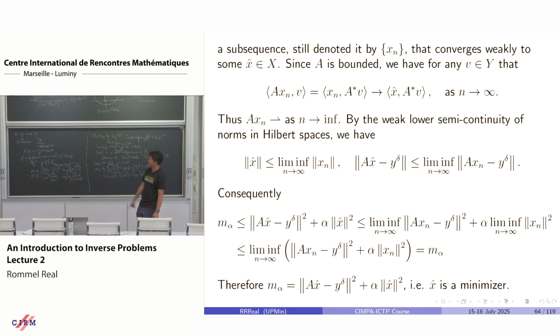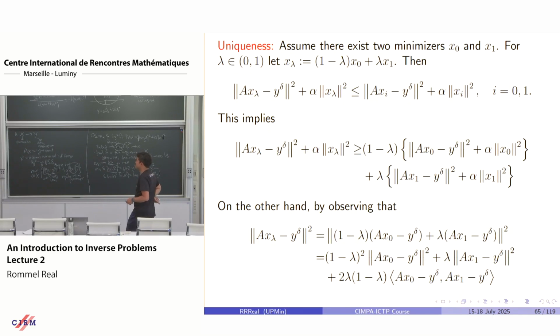That tells us that, in fact, the infimum of the Tikhonov functional is the value of the Tikhonov functional at the weak limit x hat. Note, x hat is the weak limit of the minimizing sequence. So that means x hat is actually the minimizer. So we have the existence.